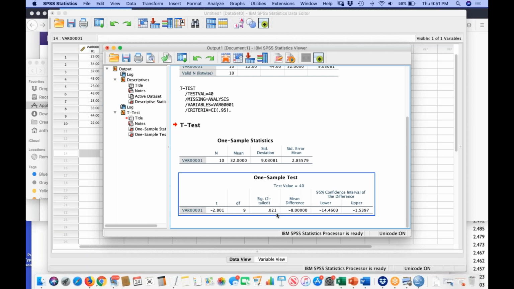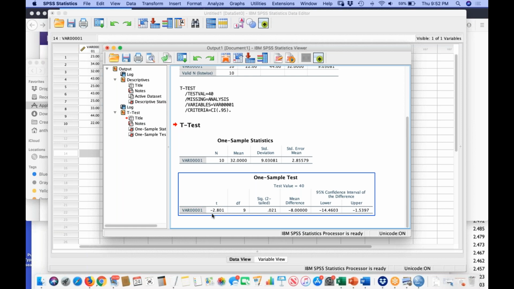If you are right on the cusp of rejecting the null hypothesis, the probability you would be wrong is 5%. If you exceed it, you have less than a 5% chance of being wrong. If you don't exceed it, there's more than a 5% chance of being wrong, so you don't reject the null hypothesis. This actually tells you the probability of being wrong, 0.02, a 2% chance of being wrong. That means you can reject the null hypothesis.